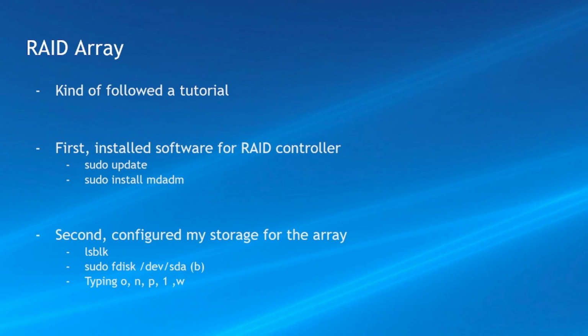And then I configured my storage for the array by using lsblk to identify my two storage devices, which were going to be under /dev/sda or sdb, which one it doesn't matter, they're practically the same. And then I was able to find them and configure them.